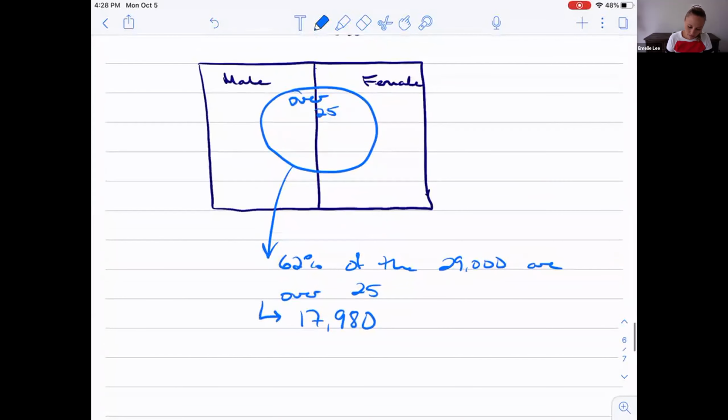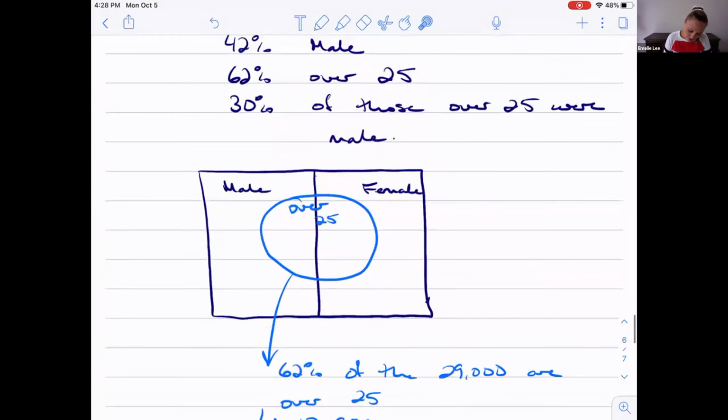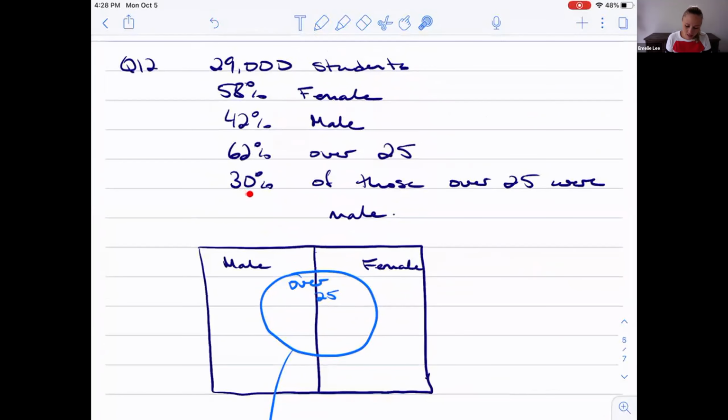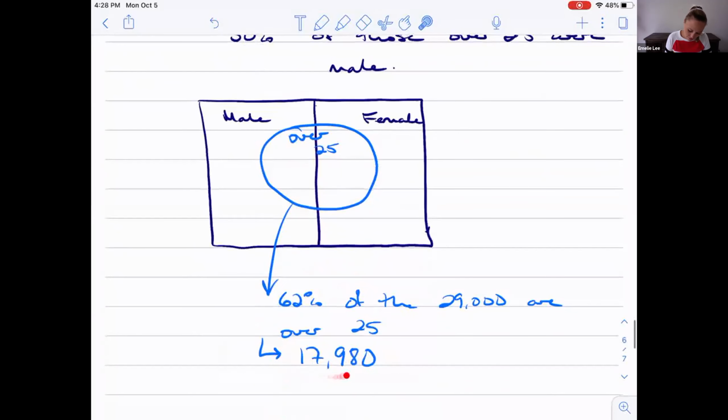Okay. So that means this whole circle is 17,980. That doesn't specify the gender, right? But we're also told that 30% of those over 25 were male, right? So 30% of these go on the left-hand side of the circle.